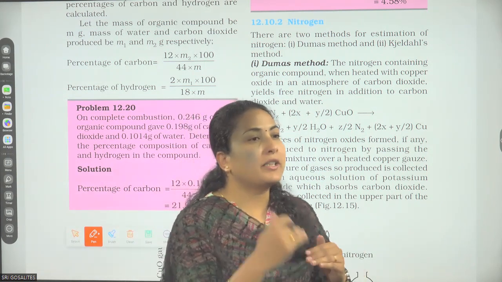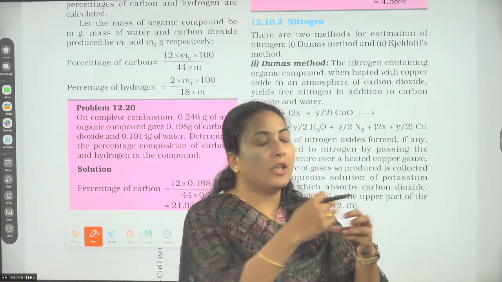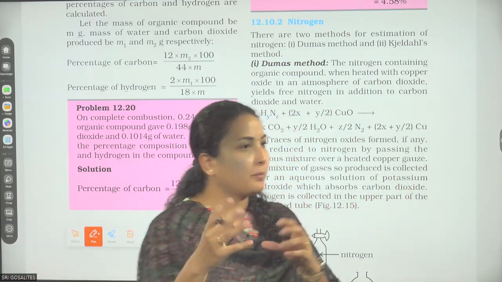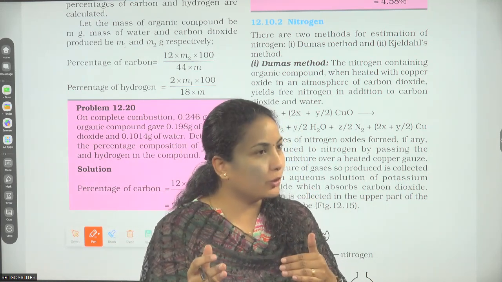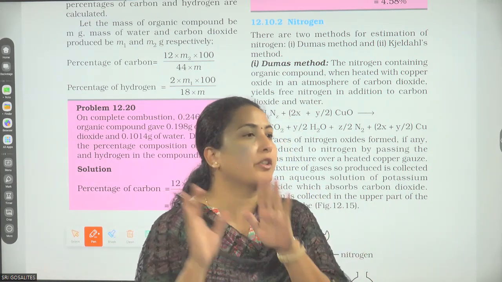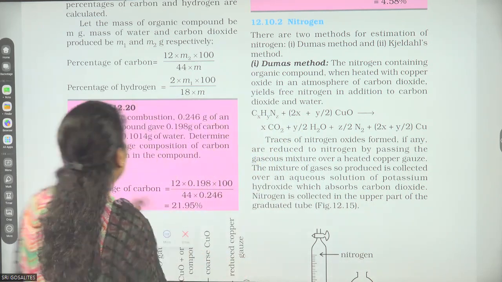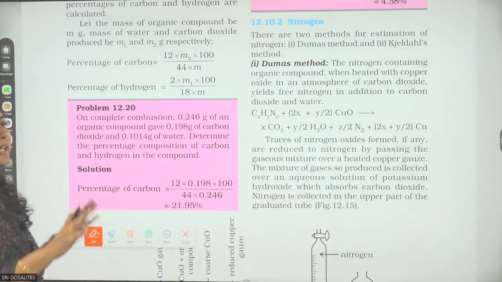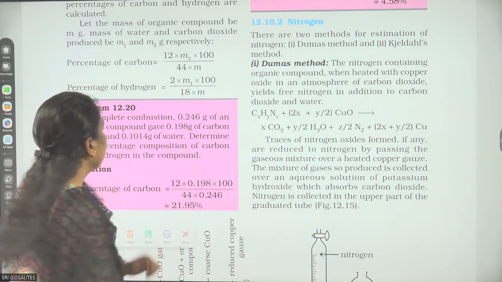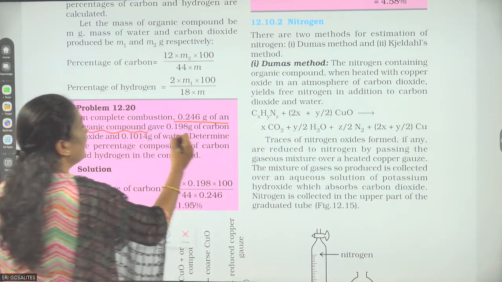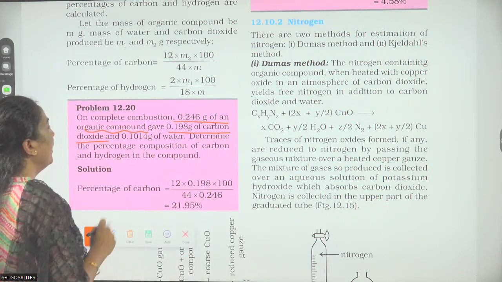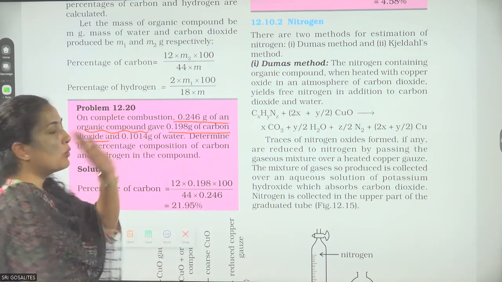When it comes to carbon and hydrogen, we do Liebig's experiment, and based on that, carbon is converted into CO2 and hydrogen is converted into H2O. You just need to understand the language of the problem. Here they have given that on complete combustion, this much of the organic compound gave 0.198 gram of carbon dioxide and this much amount of water.